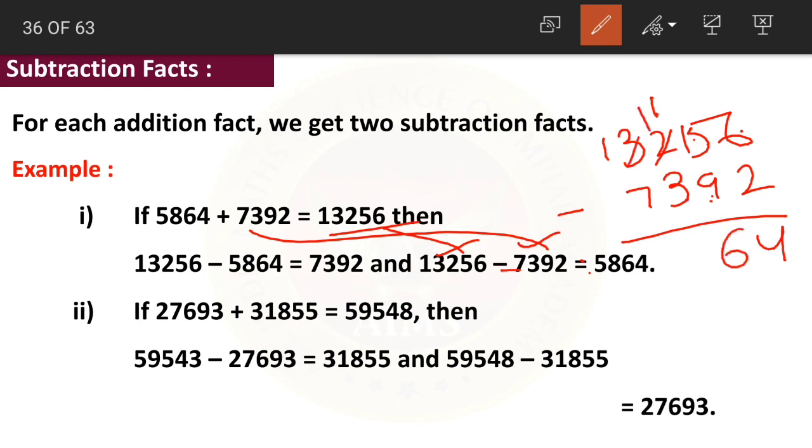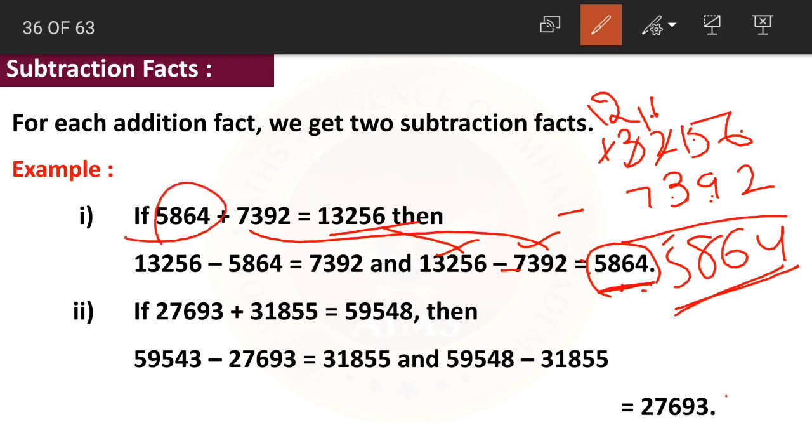Again 1 minus 3, not possible, so we'll borrow. 11 minus 3, 8. Again here we need to borrow. 12 minus 7, 5. 5,864. See, now this is our difference. Now what is this 5,864? It is the first addend. Yes, clear?